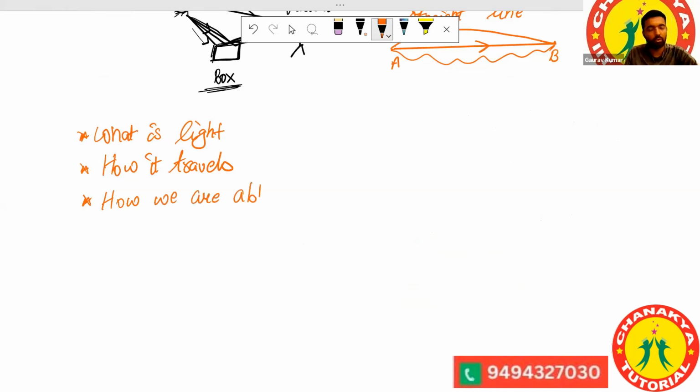We will discuss the whole functioning of the eye, how our eye is able to sense this light, and with the help of which parts inside the eye the signal goes to the brain. So how we are able to see. So what is light, how it travels, how we are able to see.